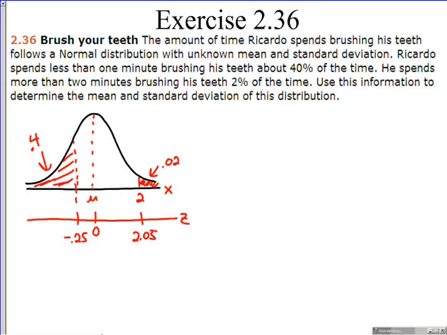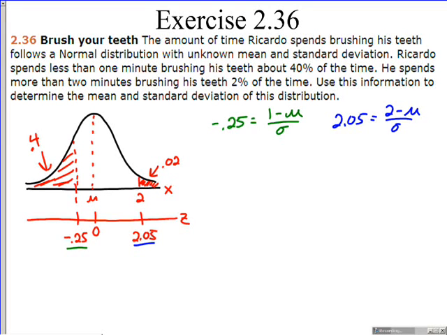Well, let's take this first z-score right here. This z-score, negative 0.25, equals the x value, which is 1, minus the mean divided by the standard deviation. For the second z value, 2.05 equals 2 minus our mean divided by our standard deviation.